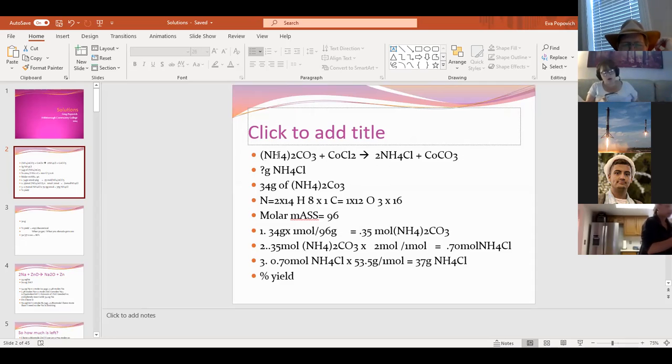Third step, we take our moles of unknown. Now we want grams of it, so we multiply it by the molecular weight over 1 mole. Chase, each and every stoichiometric problem is going to go through these 3 steps.